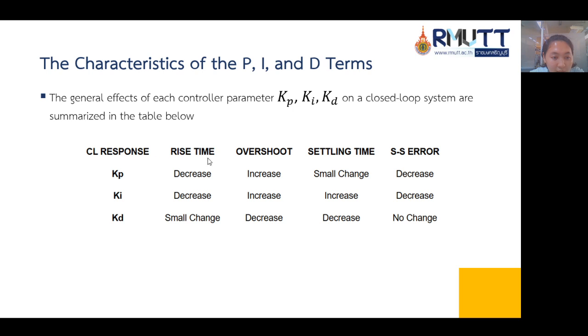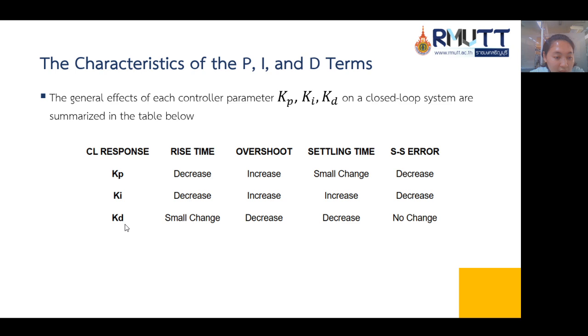For the proportional gain, if it is increased, the rise time will decrease, overshoot will increase, settling time will have a small change, and the steady state error will decrease. Increasing the integral gain, the rise time will decrease, overshoot will increase, settling time will increase, and the steady state error will decrease.